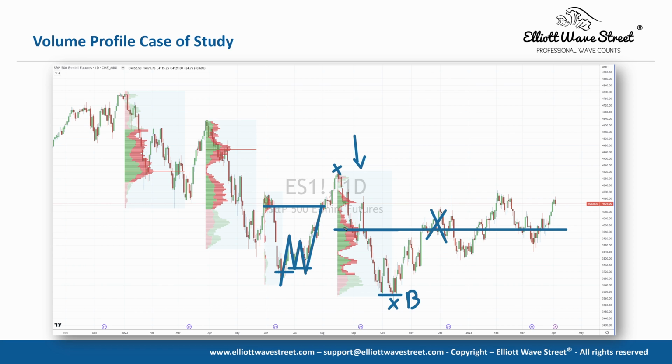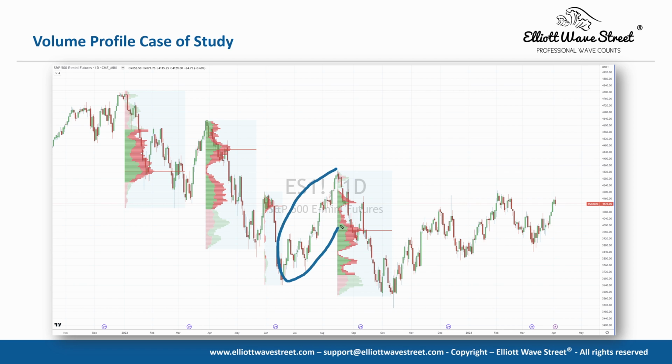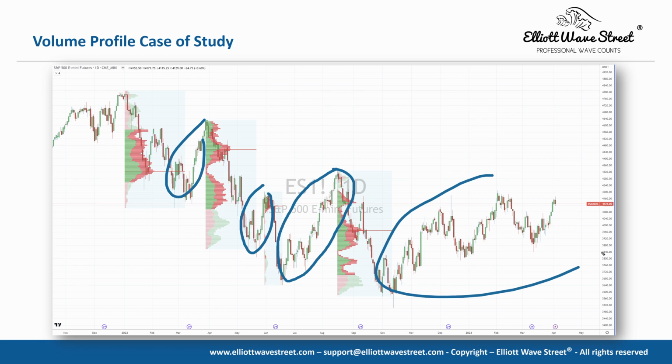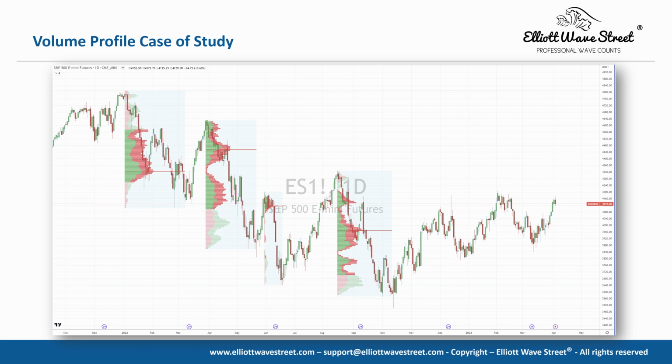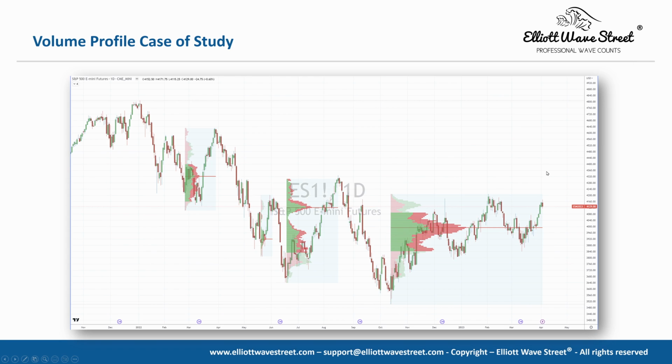So let's make the profiles now for the corrective legs. And that's how we can get to the real-time market. Look, so now with the corrective waves. So I'm taking the tool from this low to this high. Of course, we can measure cycle by cycle.